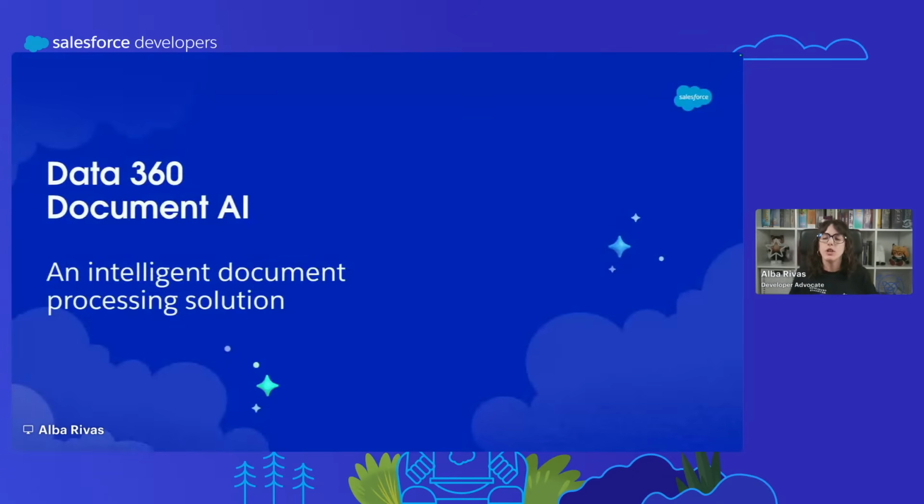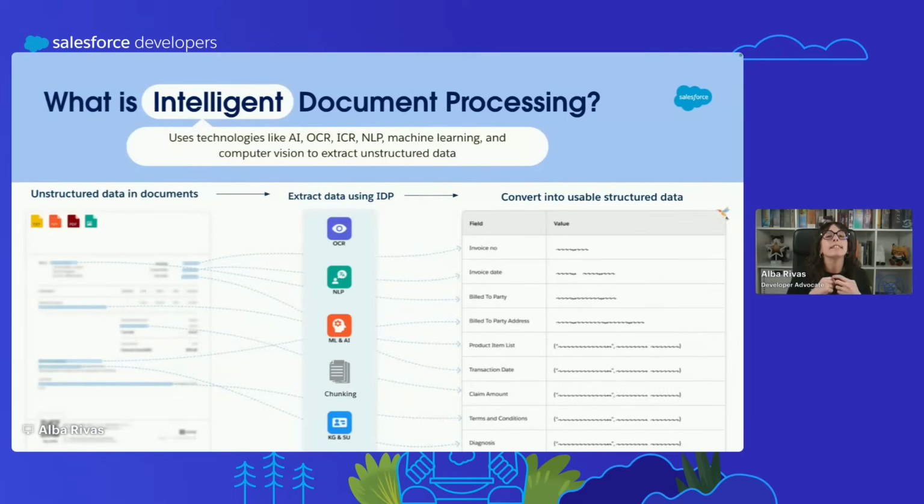Okay? So let me continue with the presentation. And the second feature that we are going to cover today that helps you unlock unstructured data is Document AI. Document AI is an intelligent document processing solution that lives in Data 360. Intelligent document processing solutions, and this is generic, use technologies like AI, OCR, etc., to extract unstructured data and convert it into structured data.